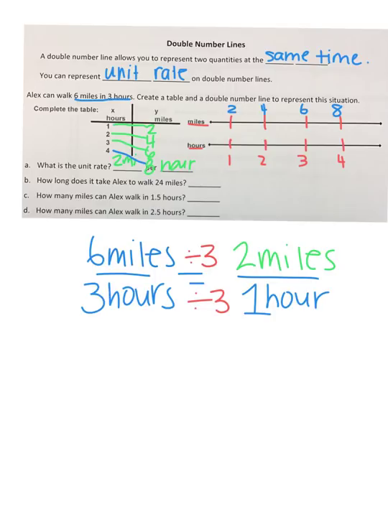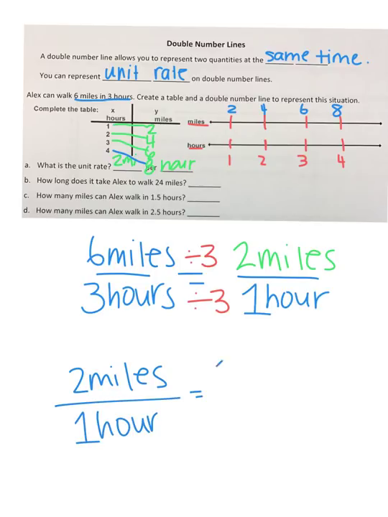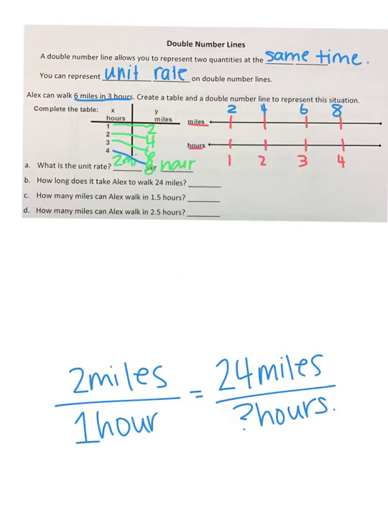So now let's answer some of these questions. Letter B says, how long does it take Alex to walk 24 miles? So let's set up a new proportion to figure that out. We know he walked 2 miles in 1 hour. We need to figure out how long it took him to walk 24 miles. So how many hours did it take? So remember, when we solve proportions for a missing number, we first multiply across.